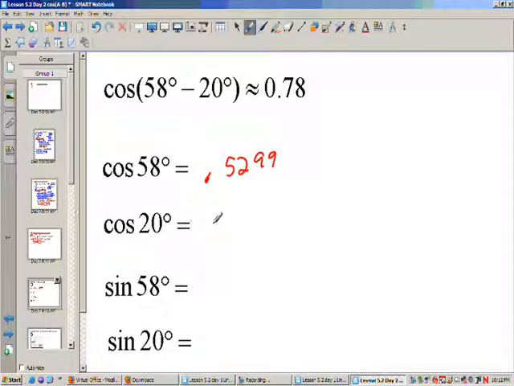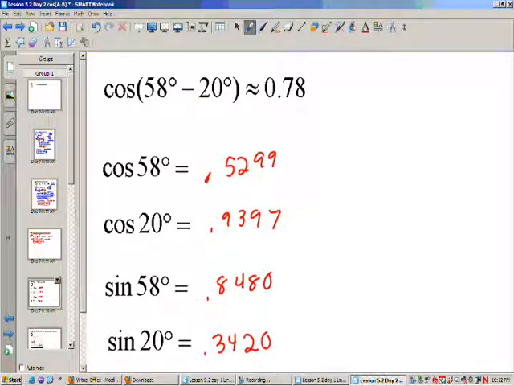This one is 0.9397. Sine of 58 is 0.8480. And sine of 20 is 0.3420. Well, if you look at these values, trying to get 0.78 would be kind of tricky.